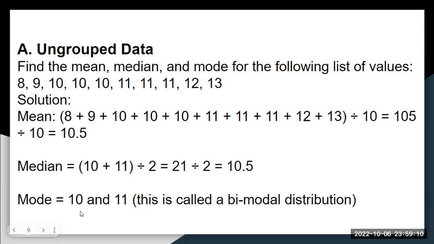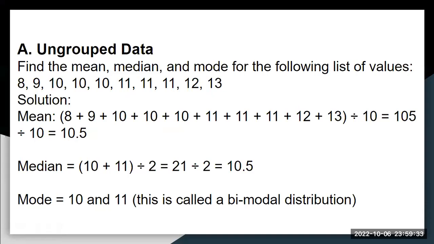So, mode is equal to 10 and 11. So, ang tawag dito is bimodal. Pag tatlo, trimodal. Pag 4 and up, it is a multimodal.